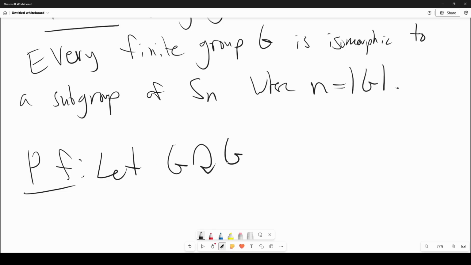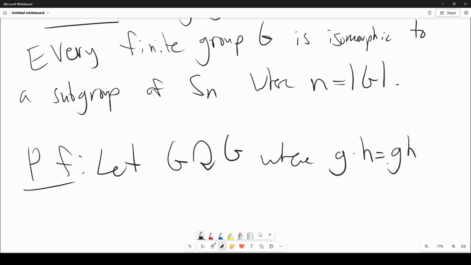And it's going to be by what's called left multiplication, where g·h = gh. Kind of how you imagine that naturally. And so you can think of this as left multiplication. My group element g acting on another element h, it's just multiplying g on the left of h.